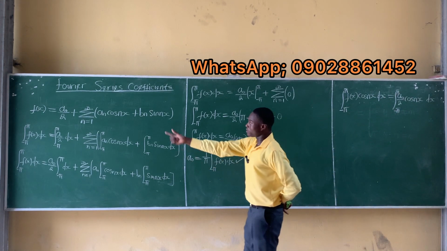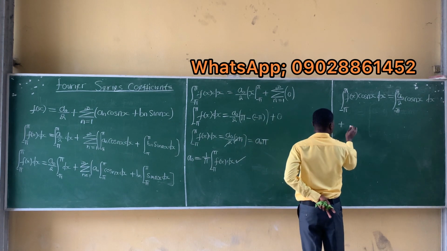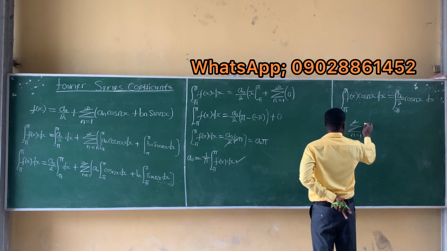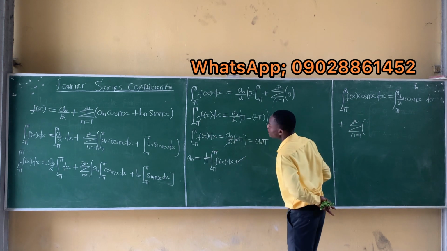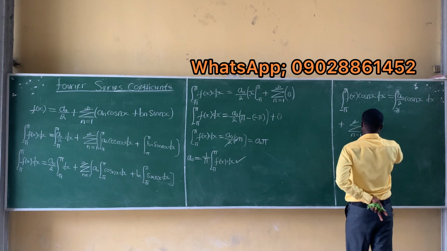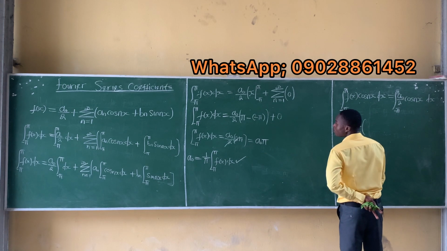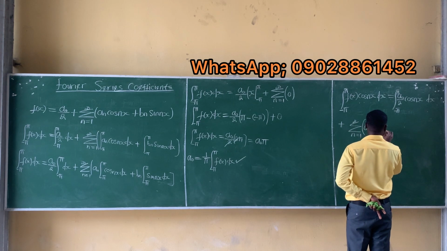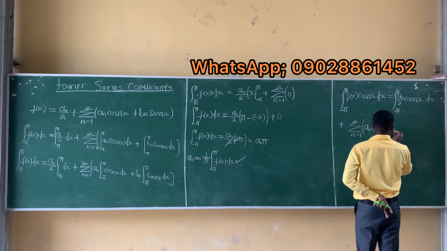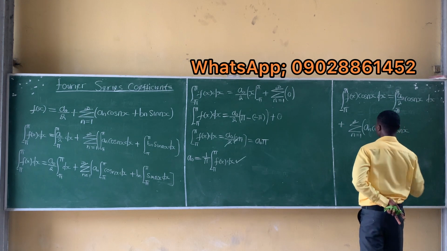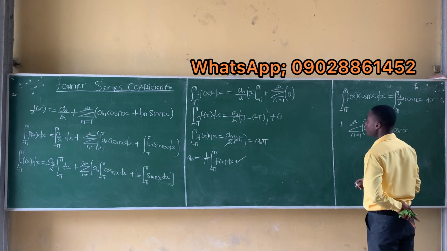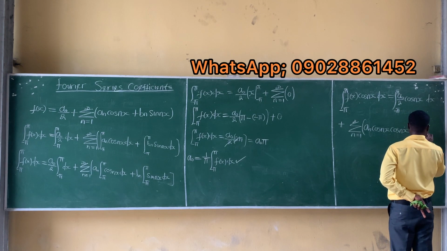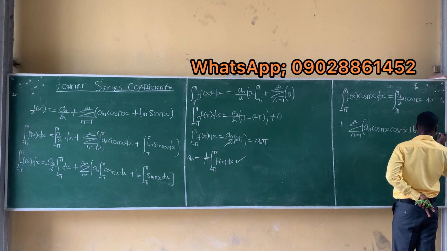Then the next one is the sum as n equals 1 to infinity of an cos nx cos nx, plus b sub n sin nx cos nx.